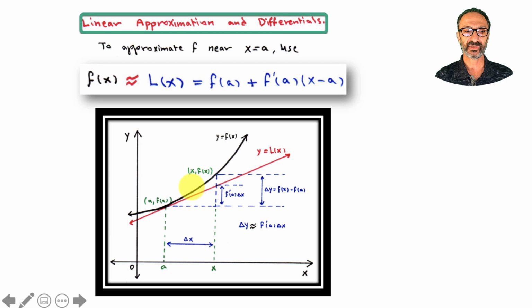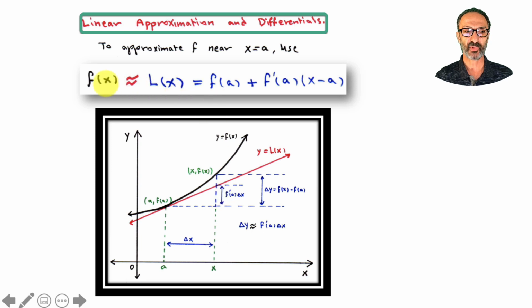Now, there are too many details right here, but in short, from this y to this y, there is a difference. It's called delta y. So this difference right here is called delta y, where this difference right here coming from the tangent and the derivatives that we're using, it's called dy.